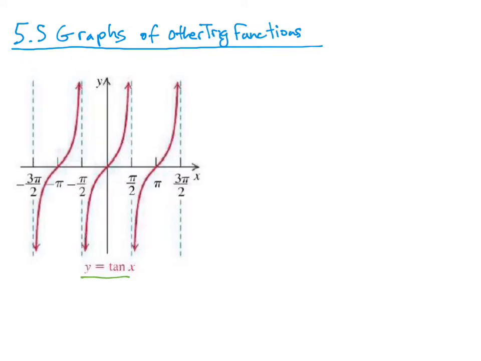A couple things are new in a tangent graph, also in a cotangent graph, that were not present in a sine and cosine graph. First of all, we have some asymptotes here.